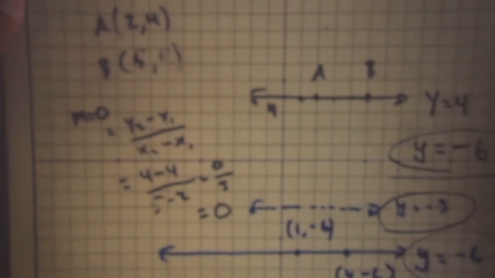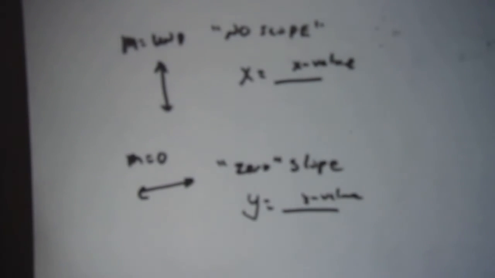And I say number more specifically because we've only dealt with whole numbers so that we can graph them nicely on the xy plane. But you could just as easily have a situation where you are dealing with an equation of a line that isn't a nice whole number. And it doesn't matter. If you have the equation of the line that has, let's say, for example, x equals 1.5, that just means it's a vertical line.